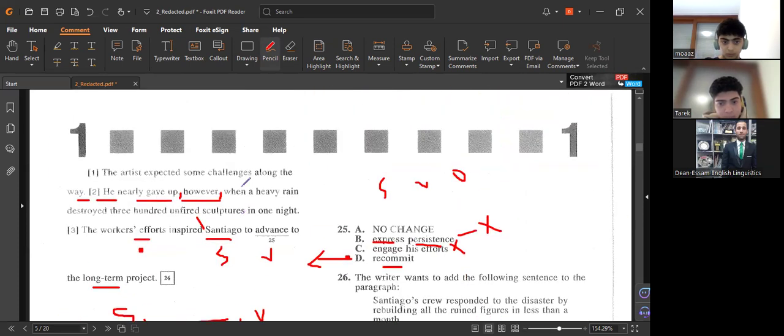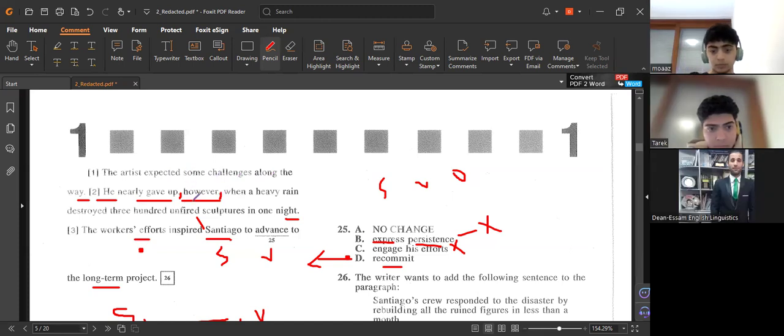That's it. So what does that mean? It means we have a contrastive relation between this sentence and this sentence. What is the contrast? Check. The artist expected some challenges along the way. However, contrast. He nearly gave up when a heavy rain destroyed 305 sculptures in one night. Opposite or not? Yes.